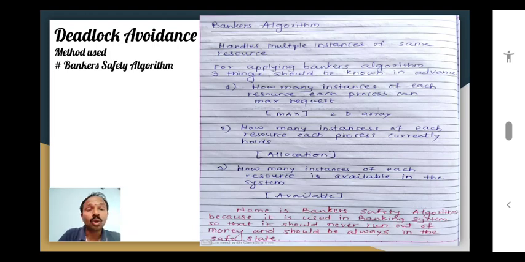So the bank is always in a safe state, and this is where this algorithm is used. So let us learn this algorithm with a problem for Banker's safety algorithm.